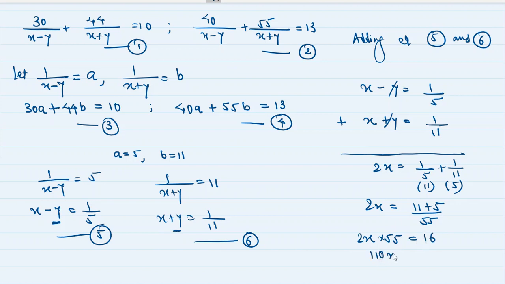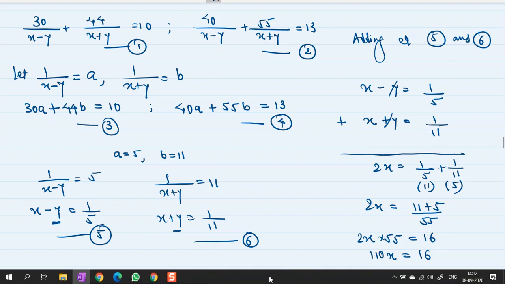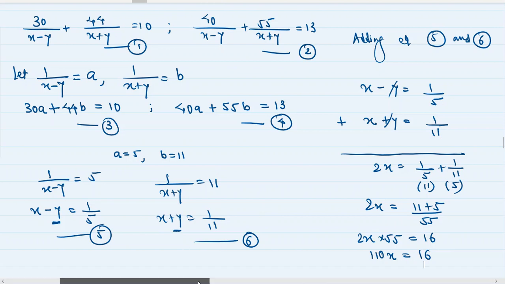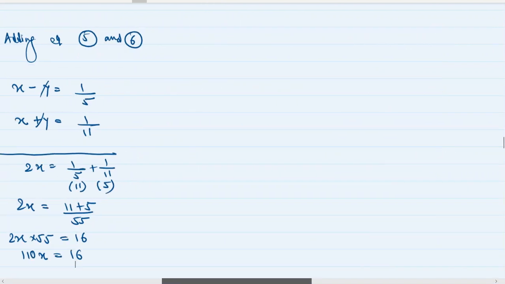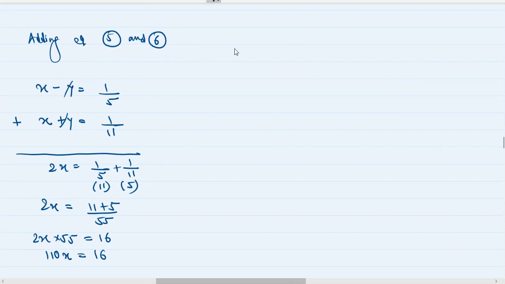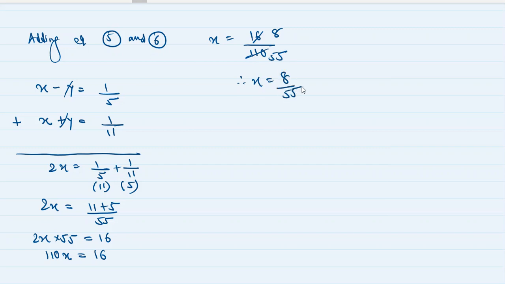So 110x is equal to 16, right? So x is equal to 16 by 110. 2 8s are 16, 2 55s are 110. So therefore x is equal to 8 by 55. x is equal to 8 by 55.